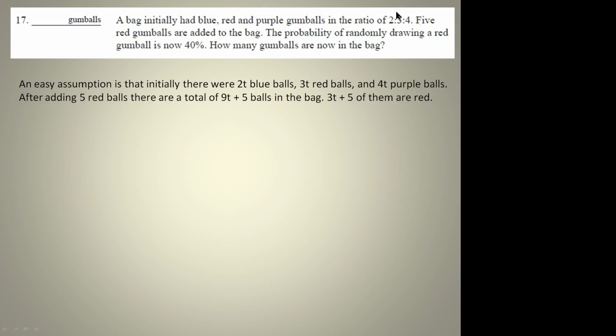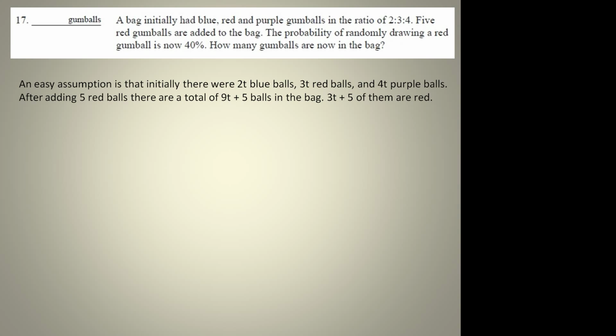So let's say you add 5 red balls. Now you have 9t plus 5 balls, but how about the number of red balls? Red is in the middle, 3t. You added 5 red balls, so there are 3t plus 5 red balls.